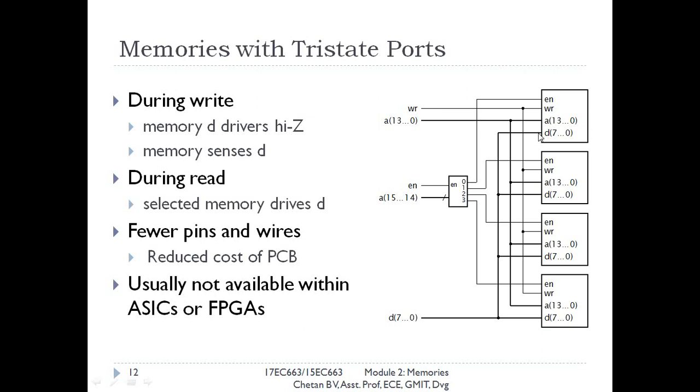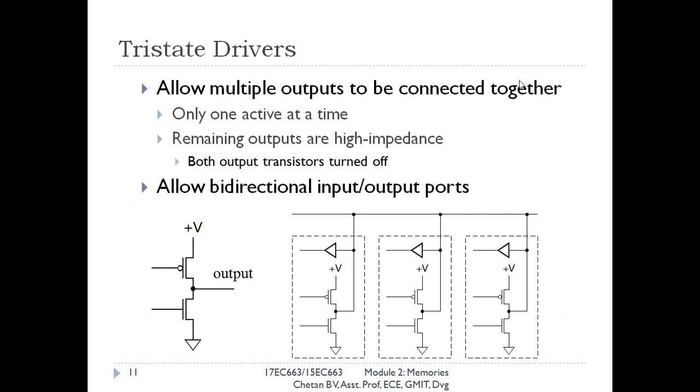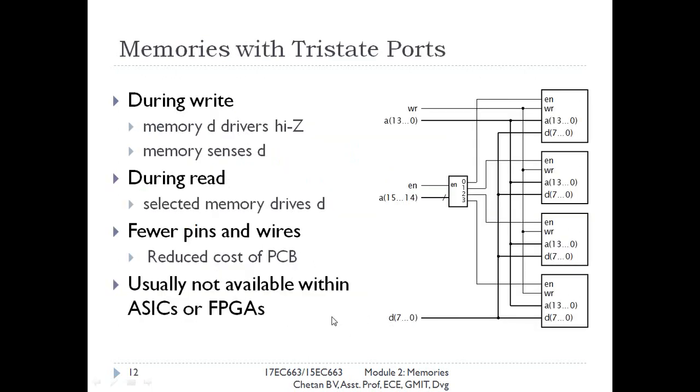So there will be totally 8 lines, and each line will have a pair of buffer and tri-state driver as discussed in the previous slide. So each line will have this pair. So totally there will be 8 such lines for this component.